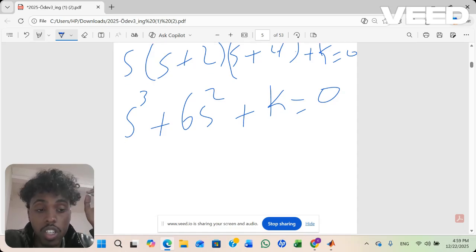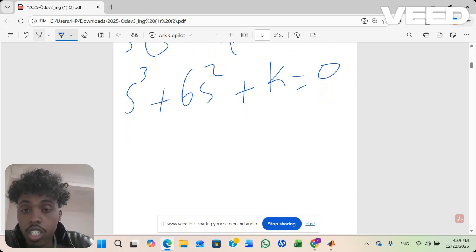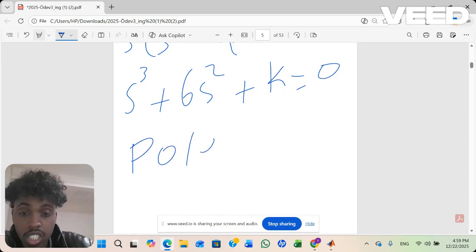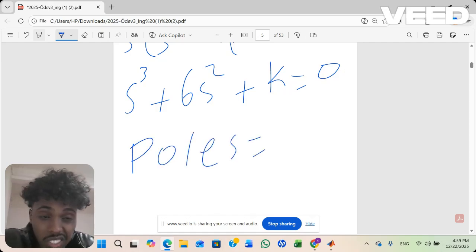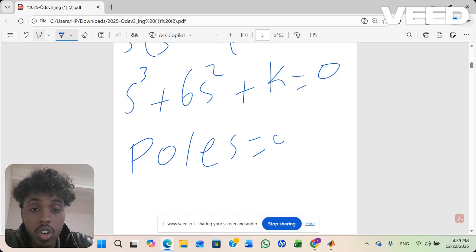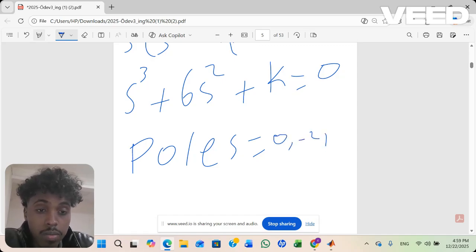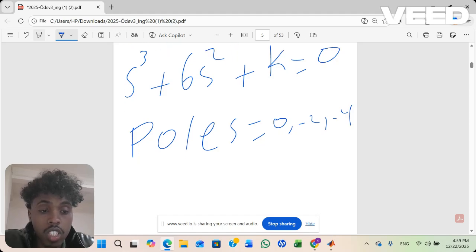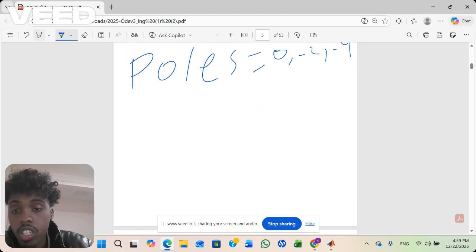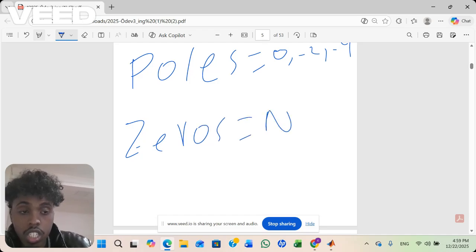Now we need the root locus, so we need the number of poles and the number of zeros. The poles are at 0, minus 2, and minus 4. The number of zeros is none.